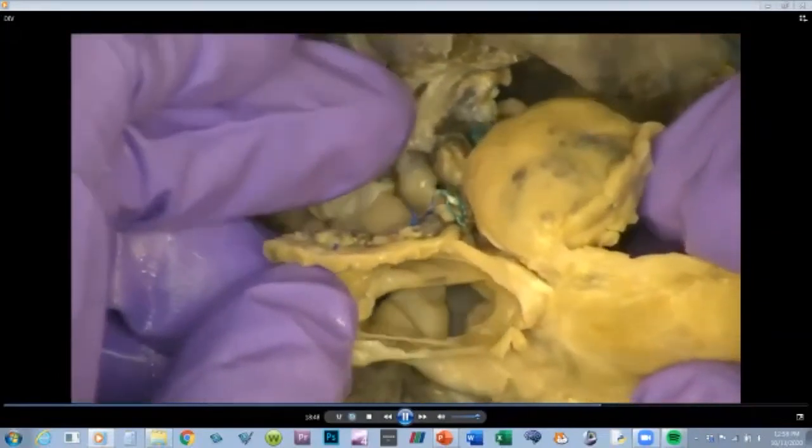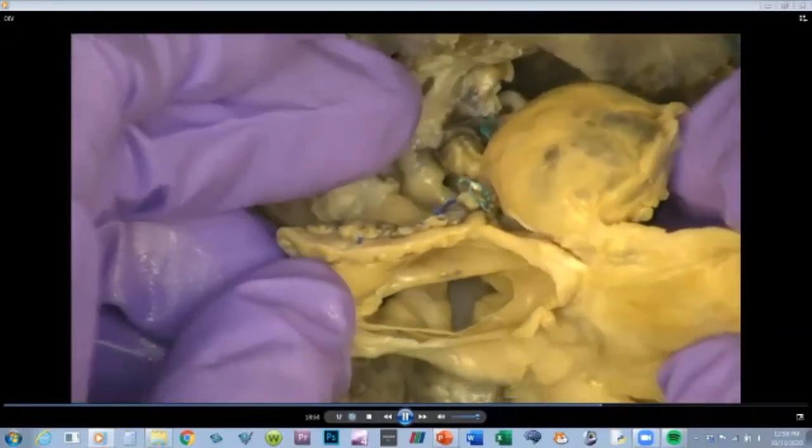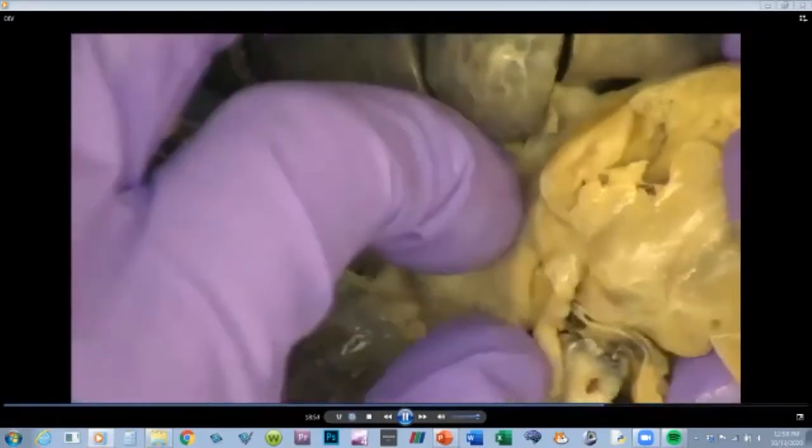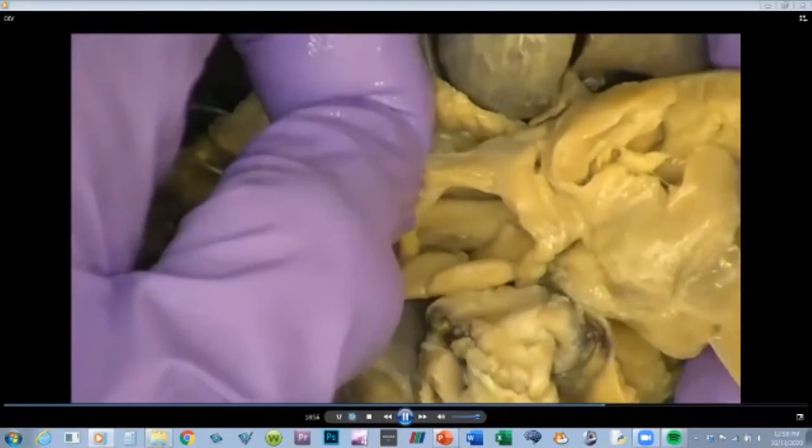Here's our atrium back here. This is the right atrium over there. There's a big created communication, atrial septal defect there. And the left atrium is over here on this side with pulmonary veins coming back into it.